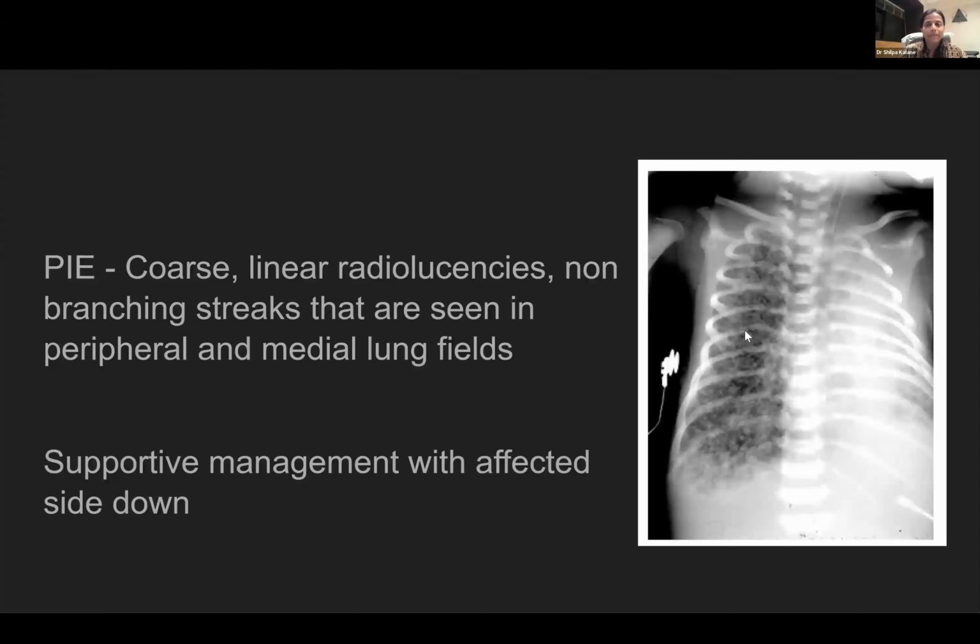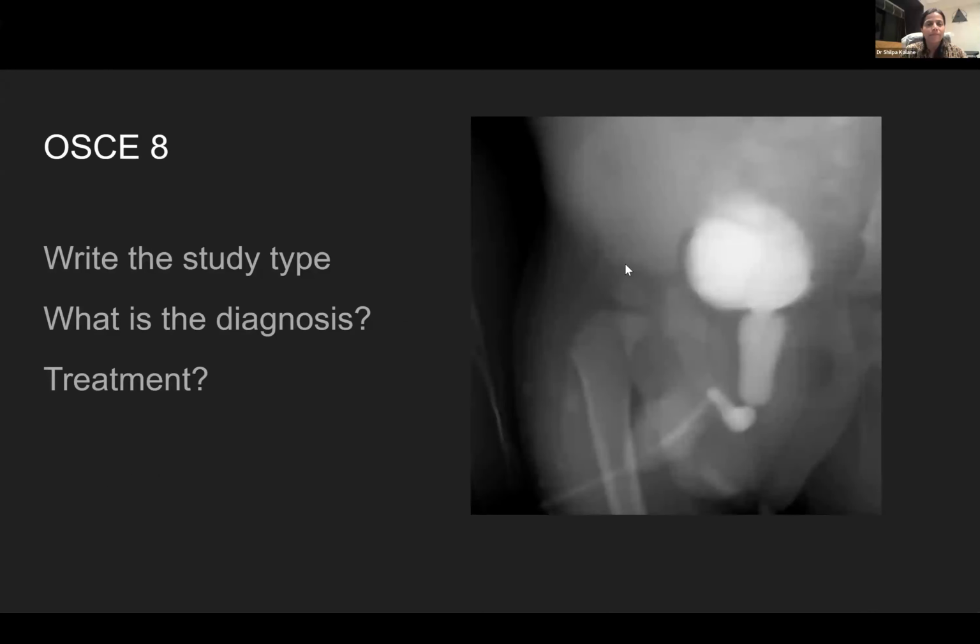Okay. And the last OSCE, right? What is the study type? What is the diagnosis and treatment? What is the study type? What is the diagnosis? It is normal, it is abnormal.